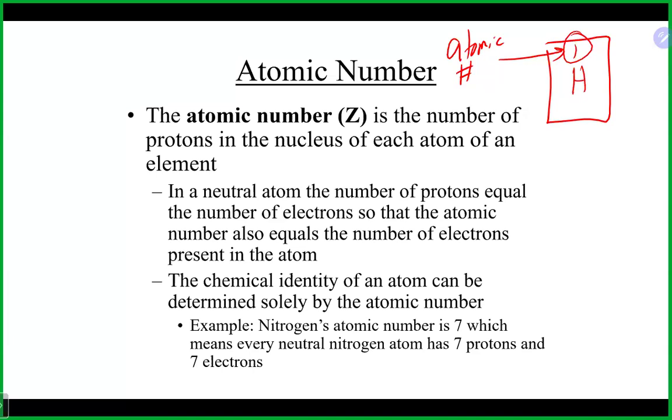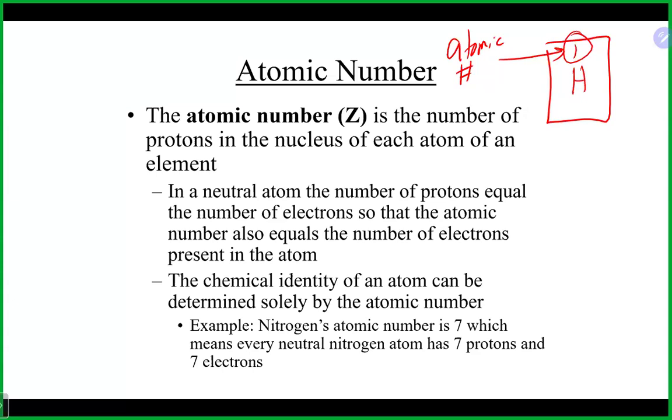No, they do not. And that's really important, because every single element will have its own atomic number. And since the atomic number is the number of protons, if you had to guess which particle, proton, electron, or neutron, is most important in terms of what element you're dealing with, it is the protons, right?